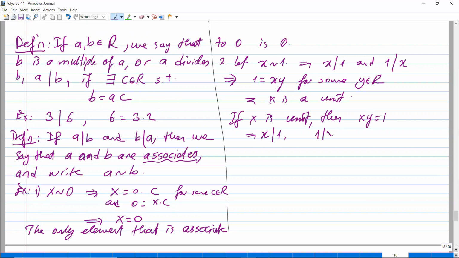And 1 divides x is always true, since 1 divides everything. Therefore x is associated to 1. So x is associated to 1 if and only if x is a unit.